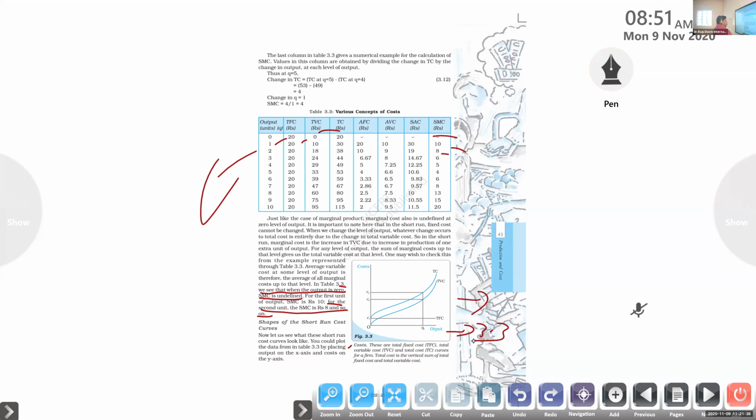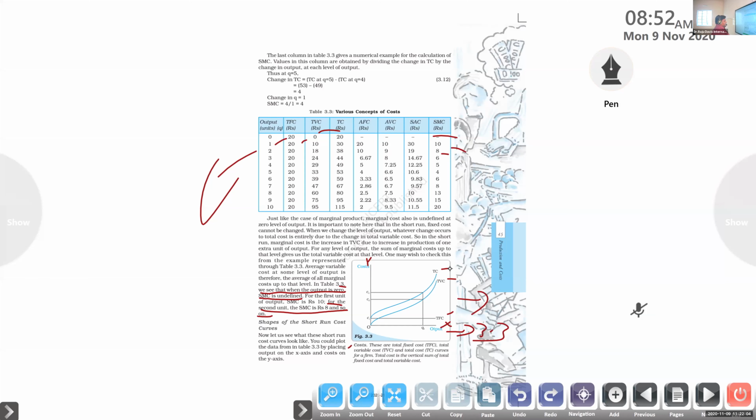By placing output on the x-axis and cost on the y-axis. Clear? So just understand. These are the total fixed cost, TFC, total variable cost, TVC, and total cost.